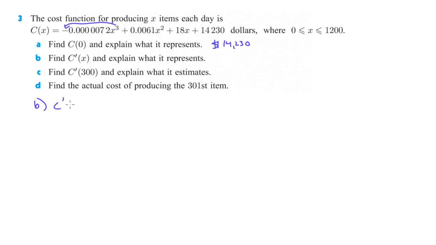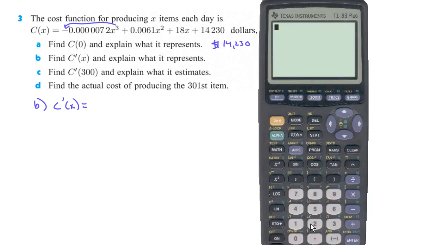So C prime of X is going to equal, and we got negative 0.1234572 times 3, right? So we get negative 2.16 e to the negative fifth. So that means this decimal's got to move 5 spots back to the left. Moving it 1 of the 5 takes it right there, and so to move it 4 more, that means there's going to be 4 zeros after the decimal place.